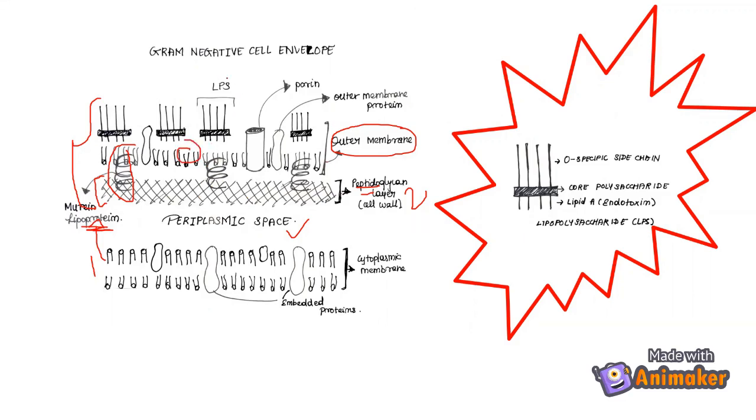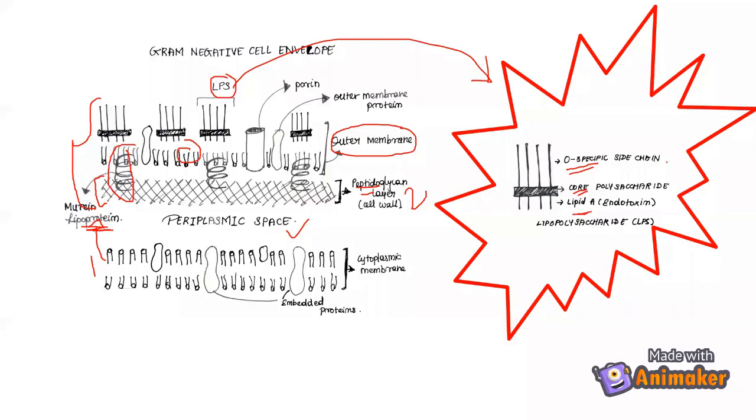But you'll notice that I've marked something known as LPS. So that's what makes it unique. It is the lipopolysaccharide. Now when we zoom in on this lipopolysaccharide, we can see that it is composed of 3 covalently linked components. First one is your lipid A, outer to it is your core polysaccharide, followed by the O-specific side chain.